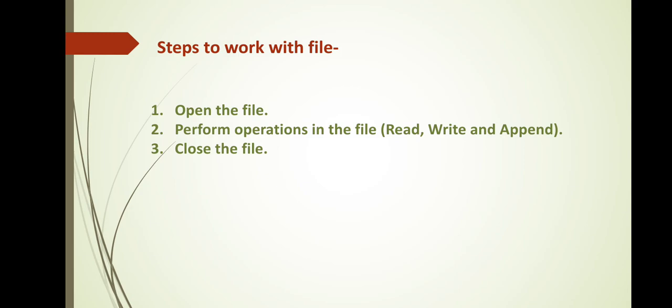When we open the file, we also have to specify for what purpose we are opening the file, which is known as the type of operation. After the file is opened in the particular way in which we want to work, we are going to perform the requisite operation. After all the operations are done in the file, we are going to close the file.